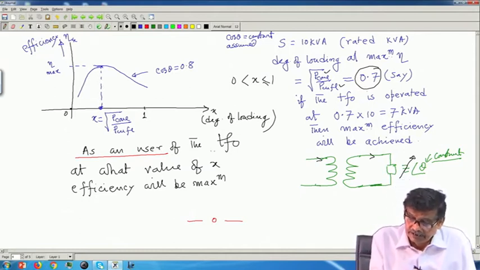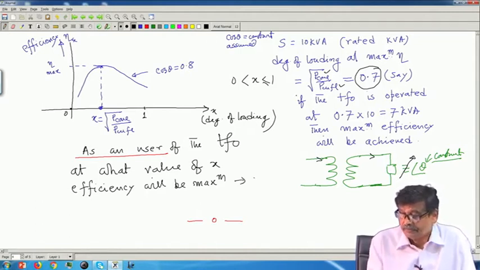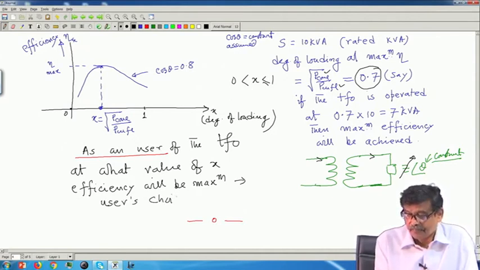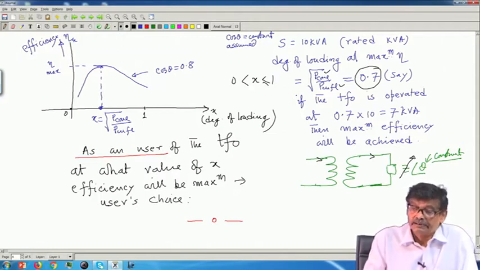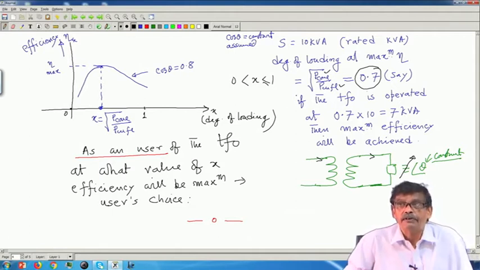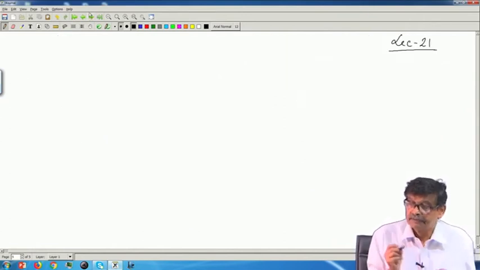What is my choice? User's choice should be what? It depends, as I told you, on how this transformer is utilized. Now, things will be clearer from this.